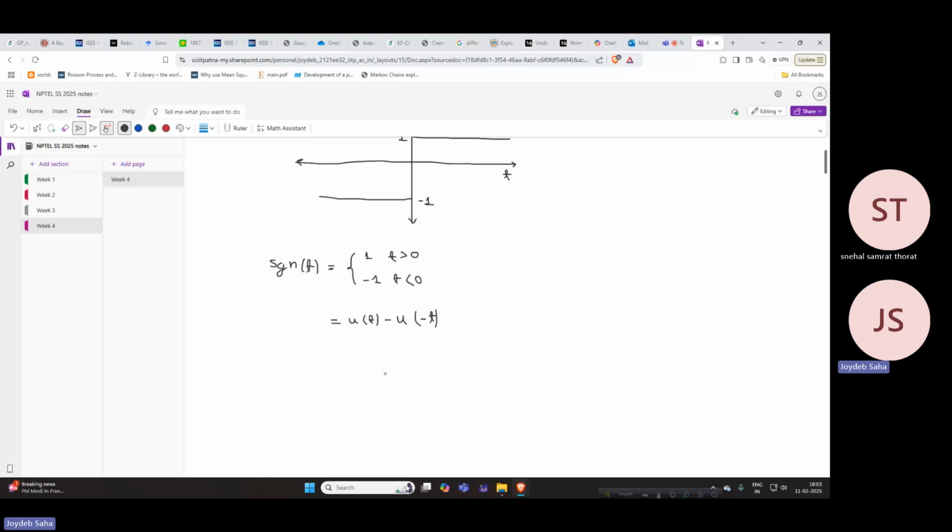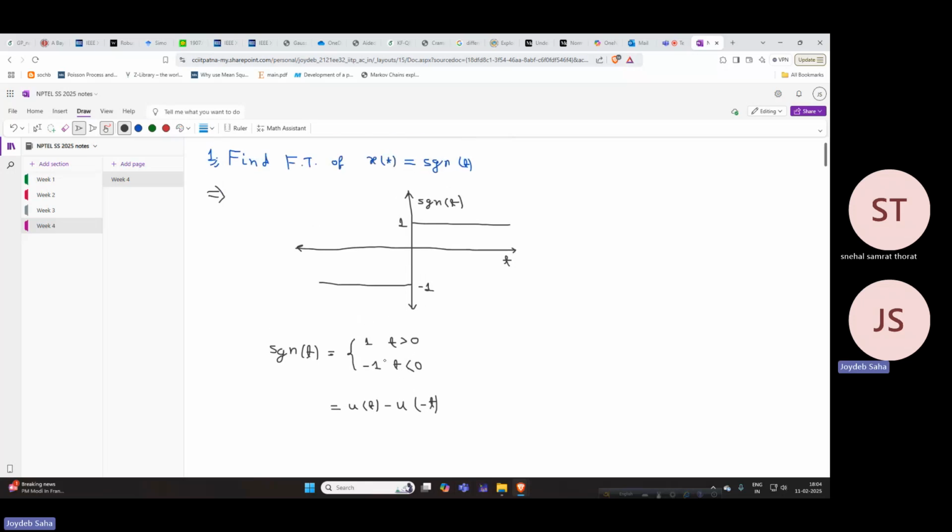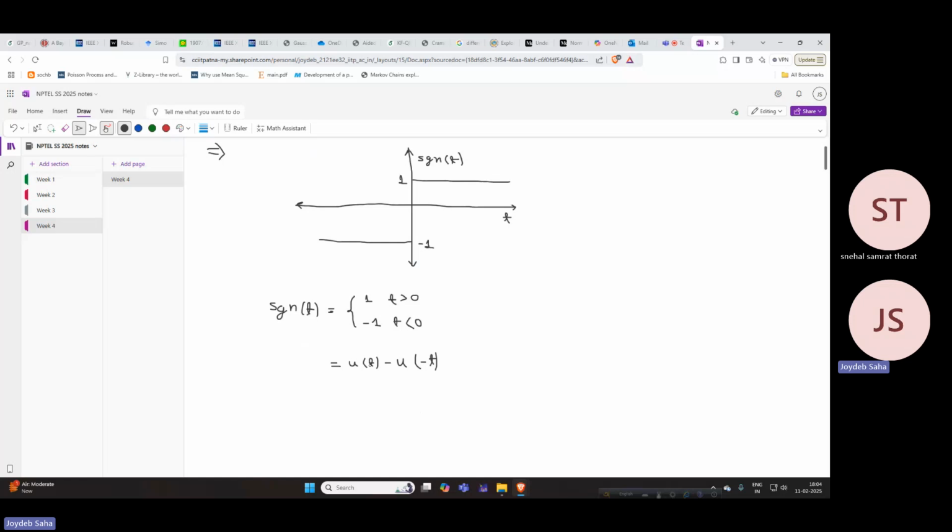Now the problem becomes to find the Fourier transform of u(t) and u of minus t, right? So now we will find the Fourier transform of u(t) first. Look again, signum function means the value is 1 for t greater than 0 and minus 1 for t less than 0. So we are writing it mathematically. Signum is u(t) minus u of minus t.